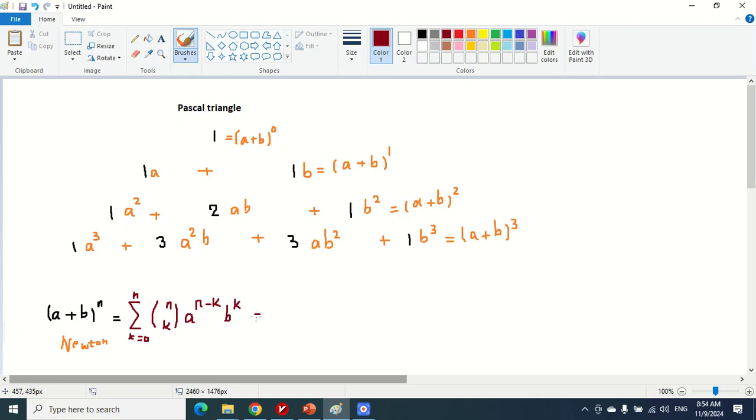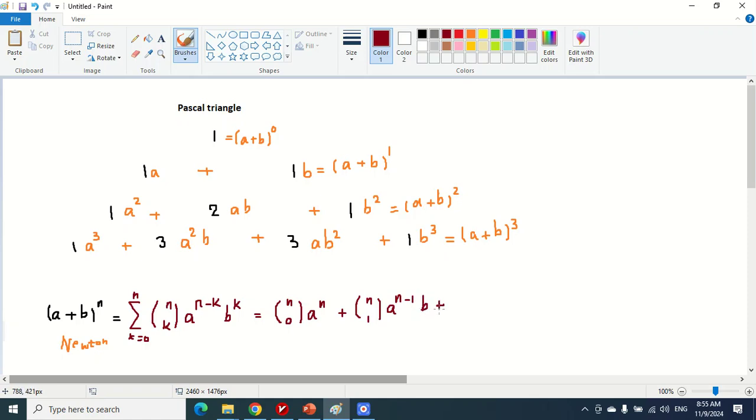If I expand the formula, it is as follows. It starts with k equal to 0, so I have 0 out of n, the first coefficient, 0 out of n, a to the power of n, as we had before. The next expression will be 1 out of n, the next coefficient in a Pascal triangle, and a to the power of n minus 1, where I reduce the exponent 1 time and add it to the exponent of b.